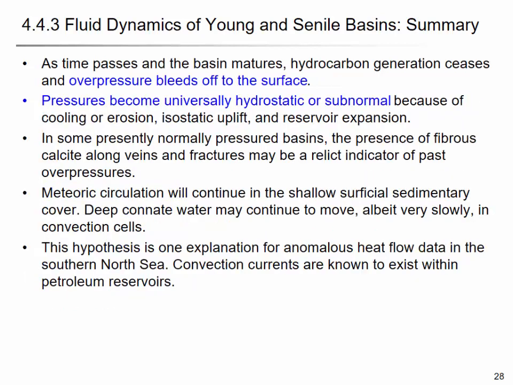As time passes and the basin matures, hydrocarbon generation ceases, overpressure bleeds off to the surface, and pressures become universally hydrostatic and subnormal because of cooling and erosion. In some presently normally pressured basins, the presence of fibrous calcite along veins and fractures may be a relic indicator of past overpressure.